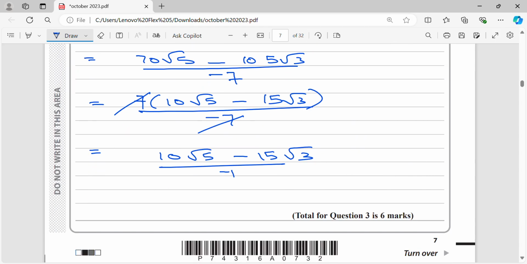If I multiply by negative 1, the first term will be negative and the second term will be positive. So let's write in order: 15 root 3 minus 10 root 5, because I multiplied here by minus 1.